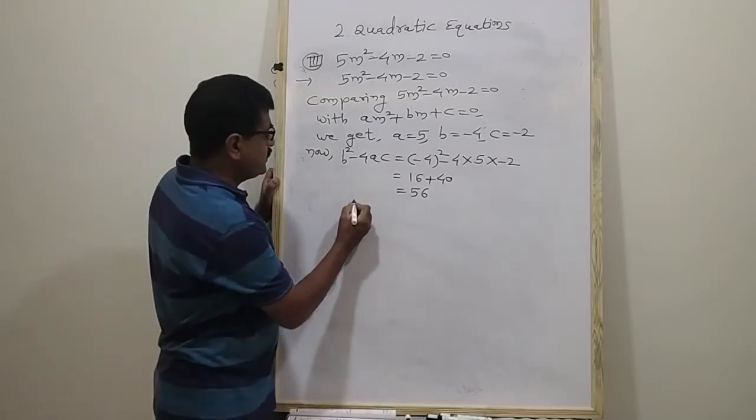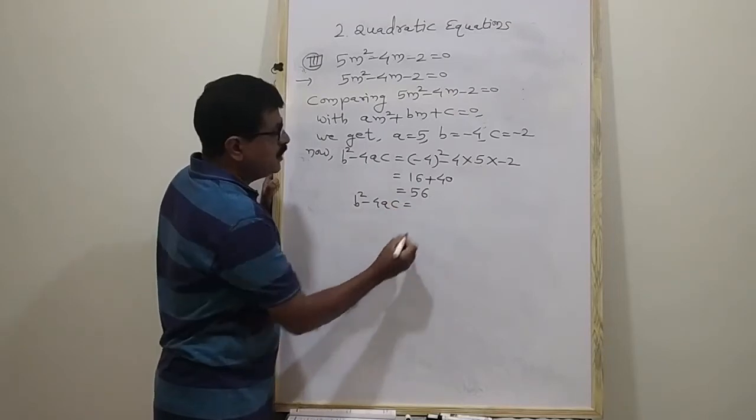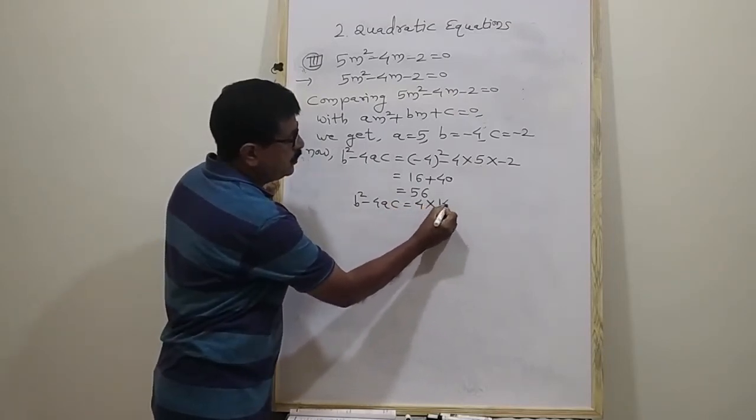Now 56, therefore b square minus 4ac is equal to 56, can be written as 4 into 14.